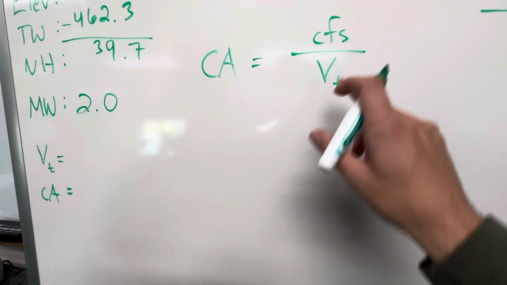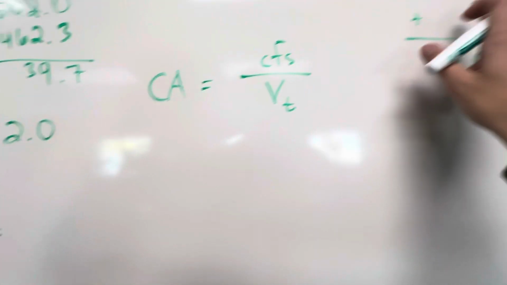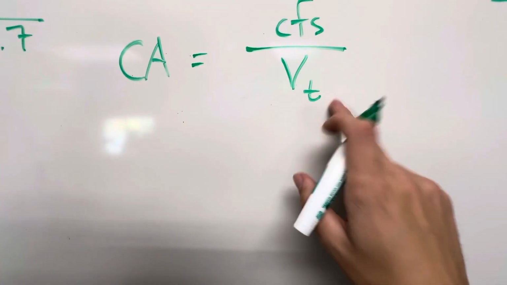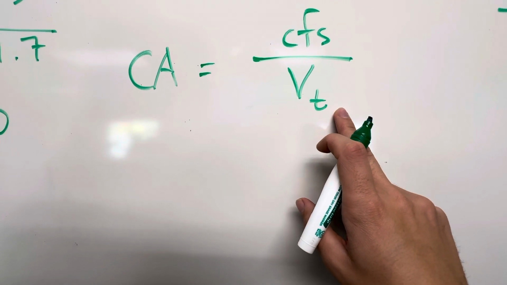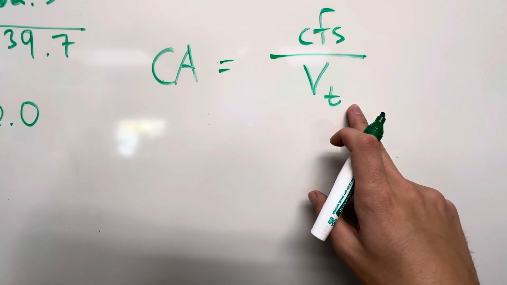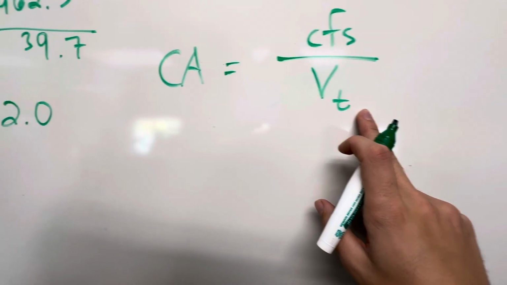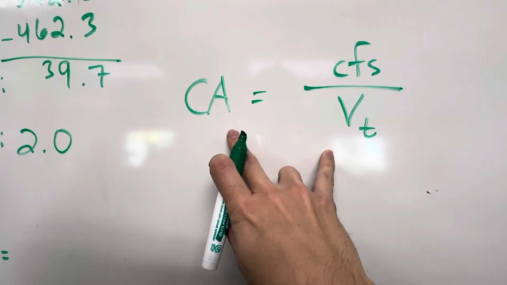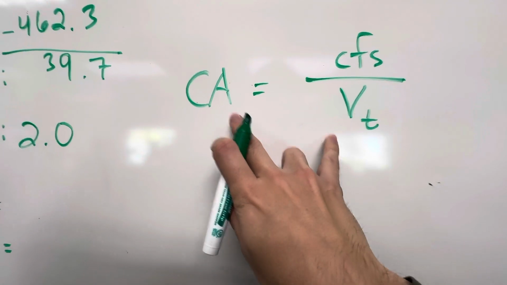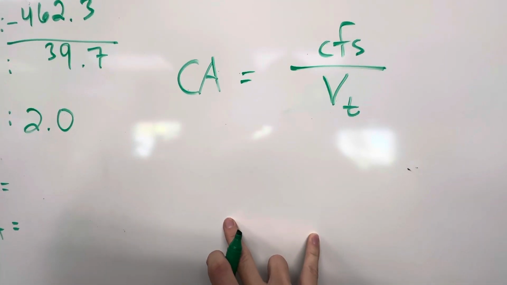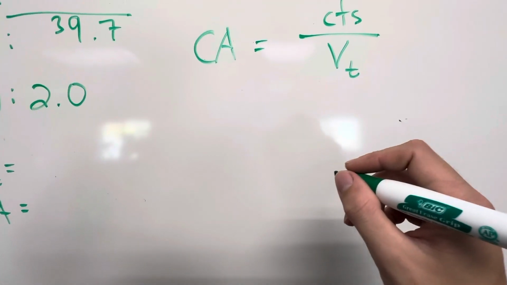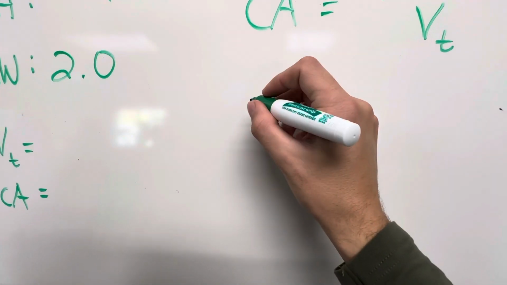And right now we have CFS. We know we need 910, so we have this value. We don't know the VT yet, and we don't know CA. So we have an equation where we're missing two variables, and that's no good. So we need to use another equation to get one of these variables figured out, and that variable is going to be the VT.